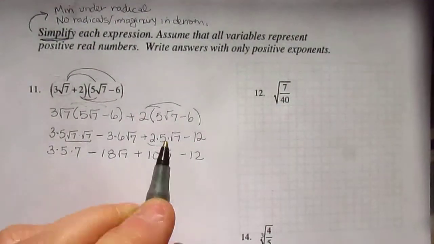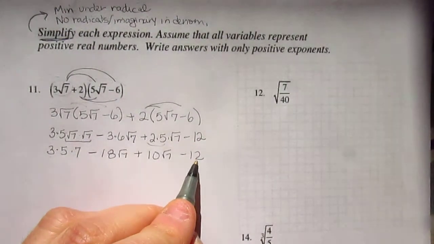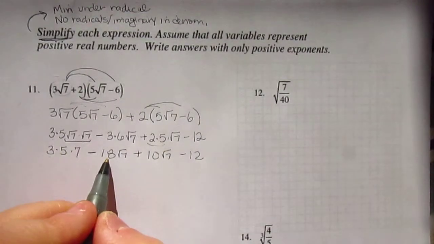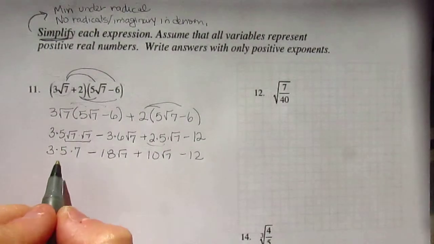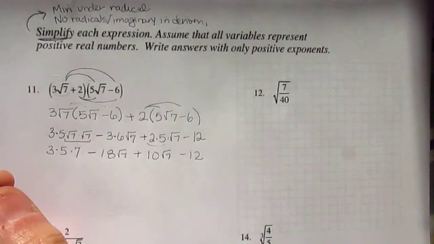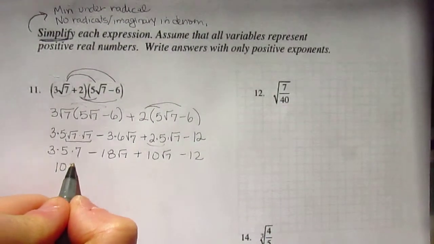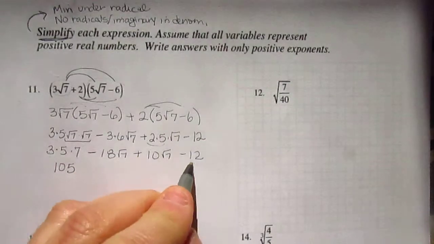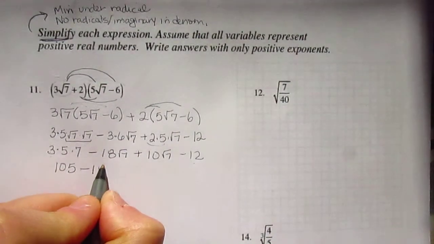This is an integer and this is an integer, so they can be combined, or more likely they're rational numbers. So 3 times 5 times 7 is 105. I'm going to combine that with this one over here, so I'm going to say minus 12.